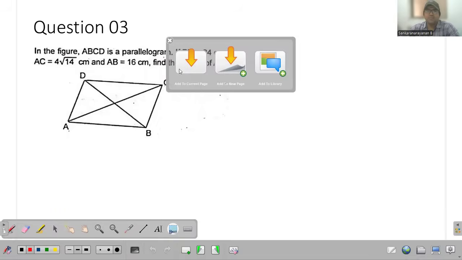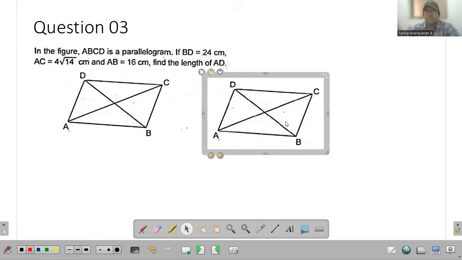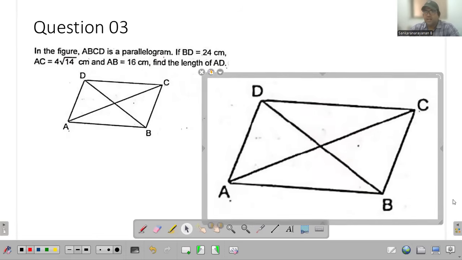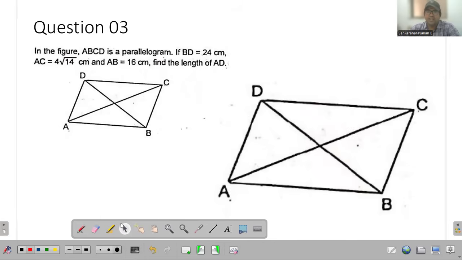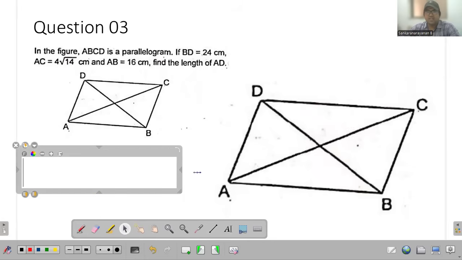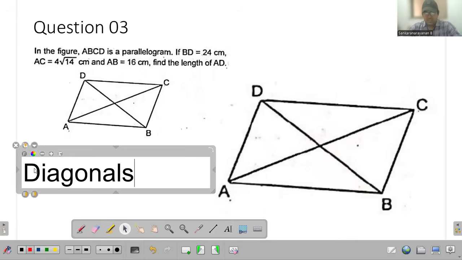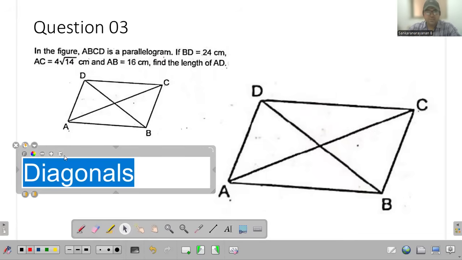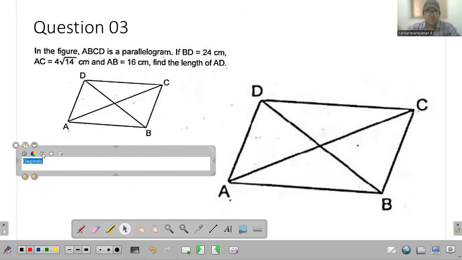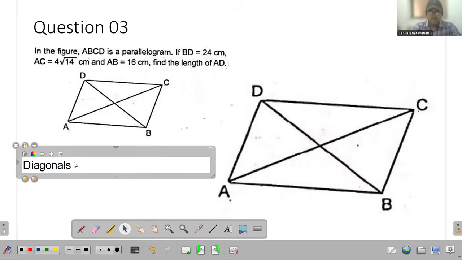But before I proceed further, some properties related to parallelogram and also triangle we need to quickly recall. So please note, as far as a parallelogram is concerned, the diagonals of the parallelogram bisect each other.